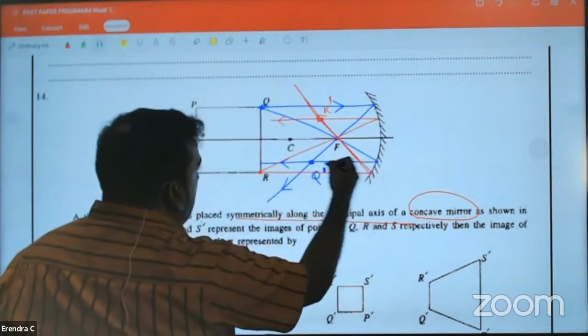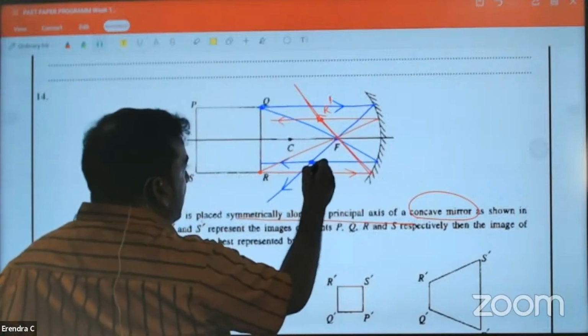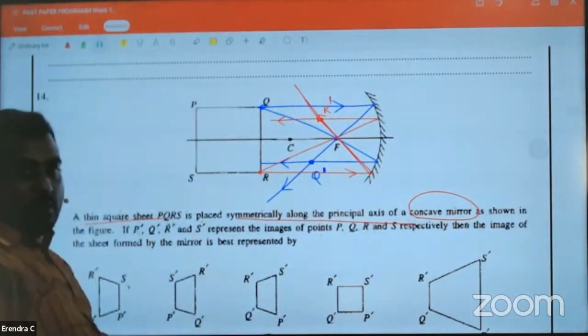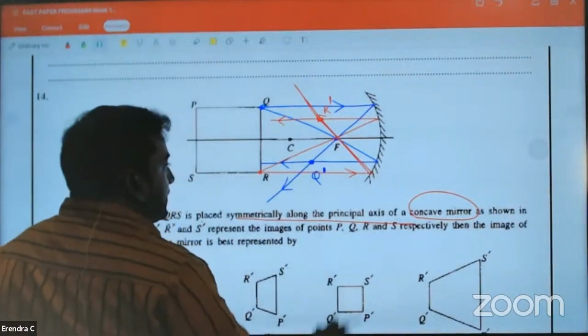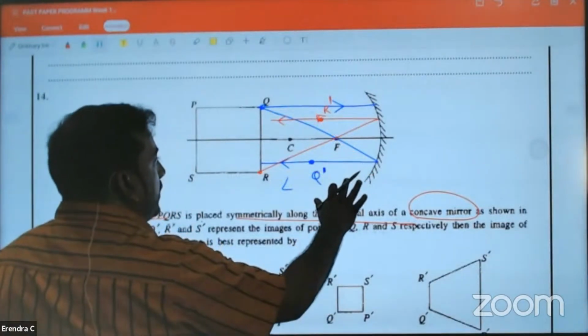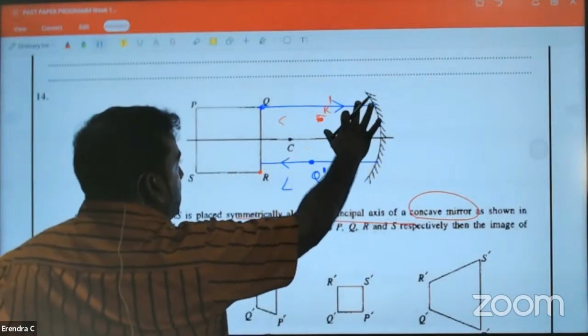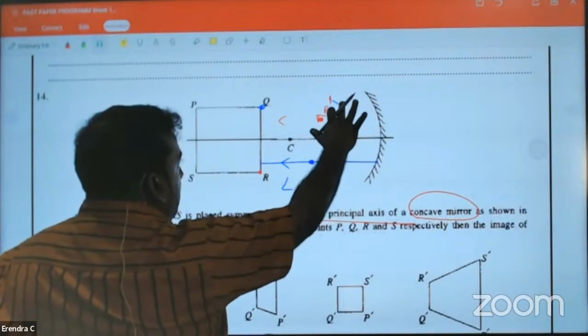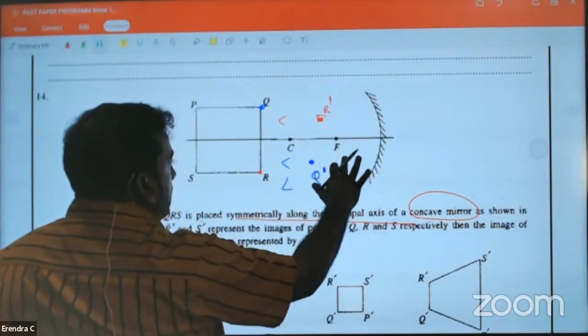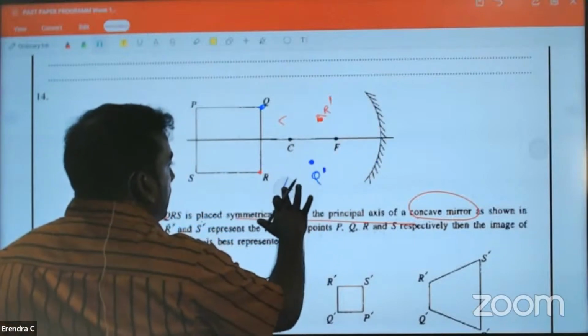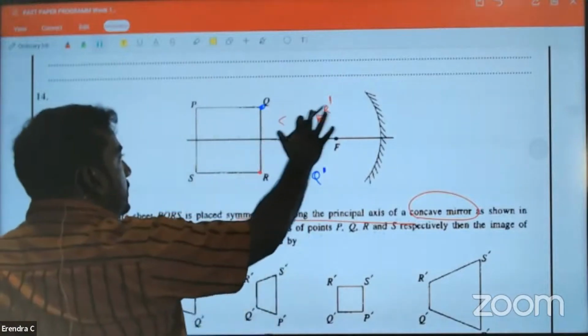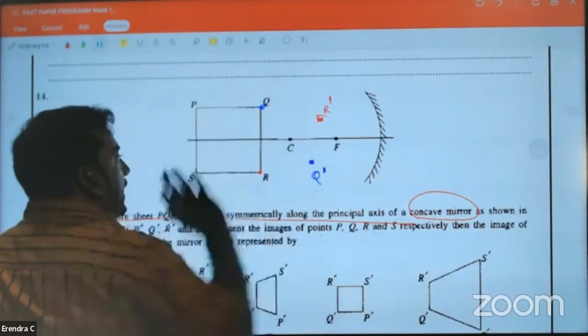Light rays through the focal will become parallel. These two blue rays will meet here, Q dash. Okay, no? Right. So I'll erase the rays. Q dash, R dash is there.